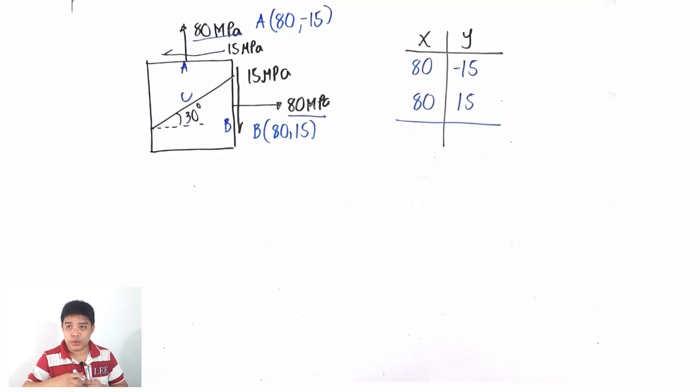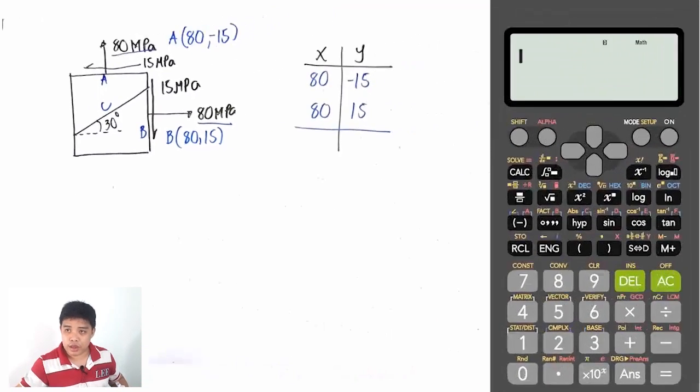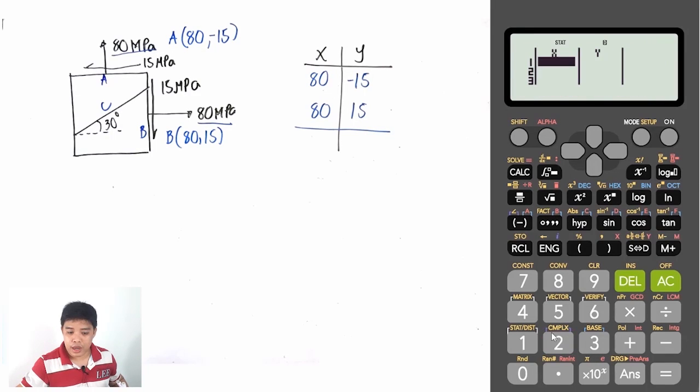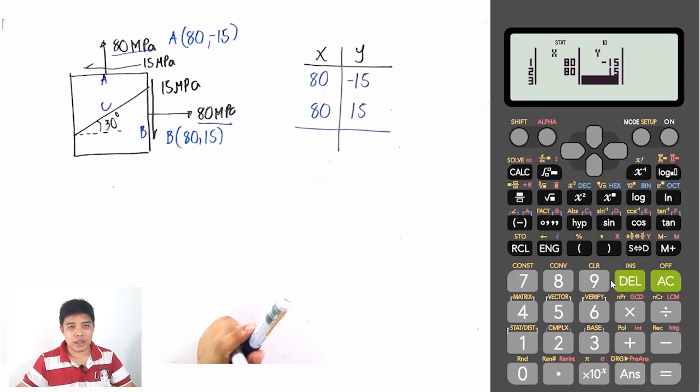Okay, so let us show it in your calculator. That's mode 3, 2. Again, this is 80, this is 80, and this one is negative 15, and this is positive 15. Look first at what will happen if I get the values of normal and shearing stress.